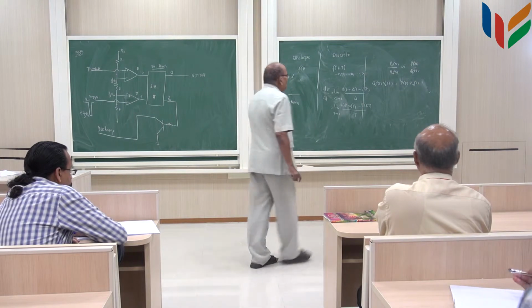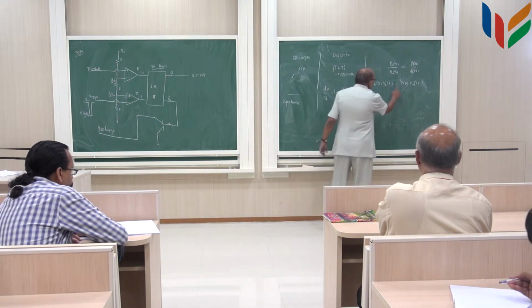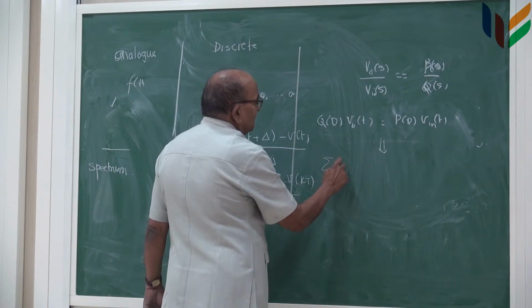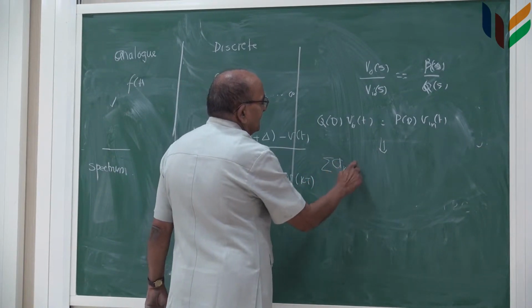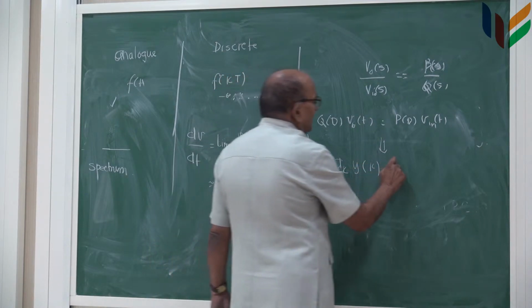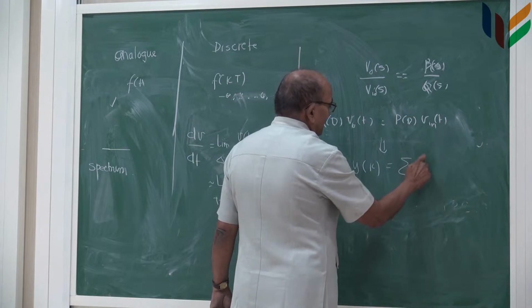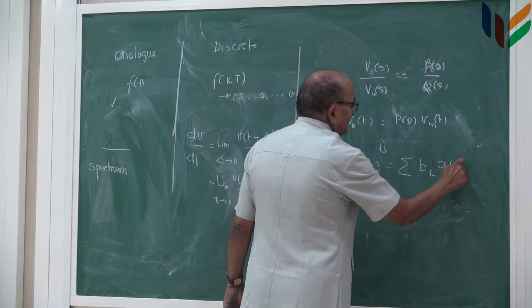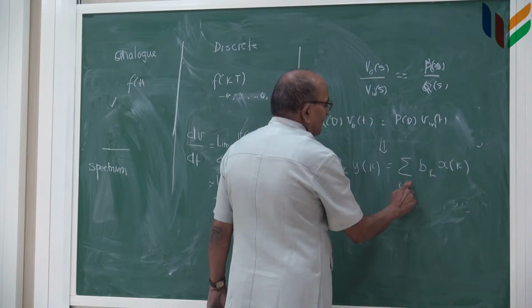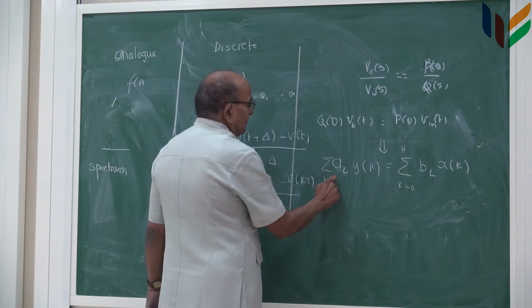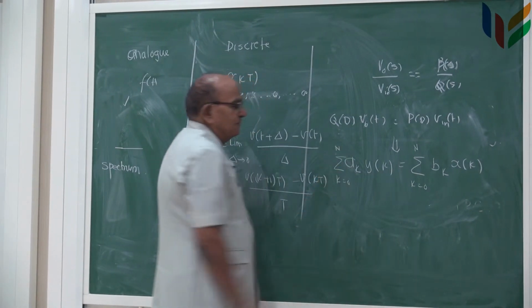So, with that I can write this equivalent equation as sigma a_k y_k is equal to sigma b_k x_k, k is equal to 0 to some n, k is equal to 0 to some n.